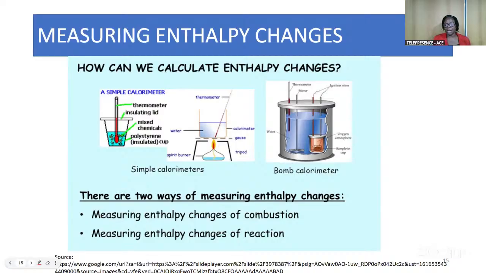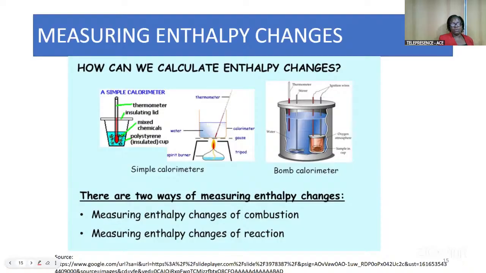A bomb calorimeter is a small laboratory apparatus that you can get, and inside of it has all of these components: a thermostat, a thermometer, a stirrer, ignition wire, oxygen atmosphere, and then you put the sample in a cup.